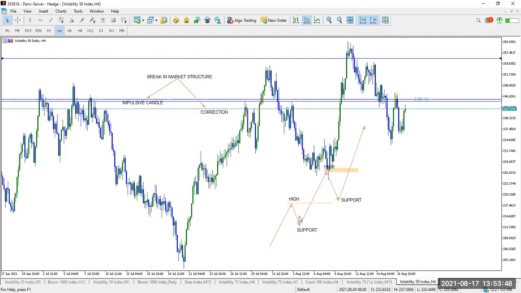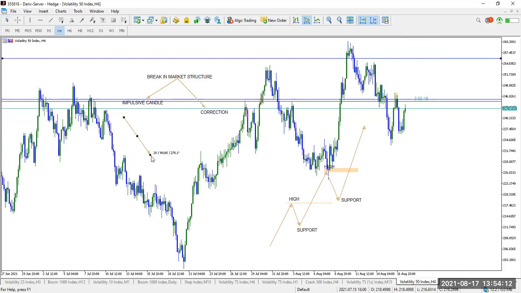So this is impulse, correction, impulse, correction, impulse. That is how it's going to be moving. When a market breaks structure and it is down, it's the same thing. For example, the market is coming down, and from here it first made an impulse.